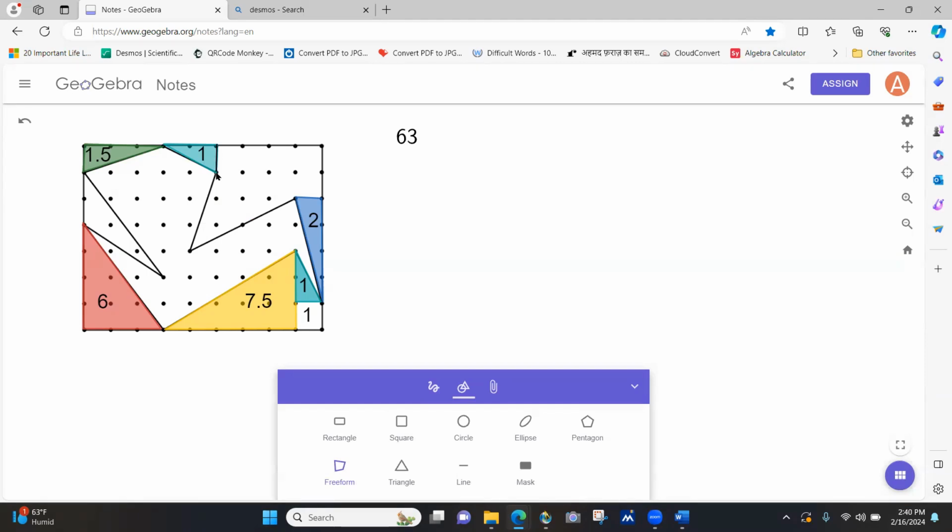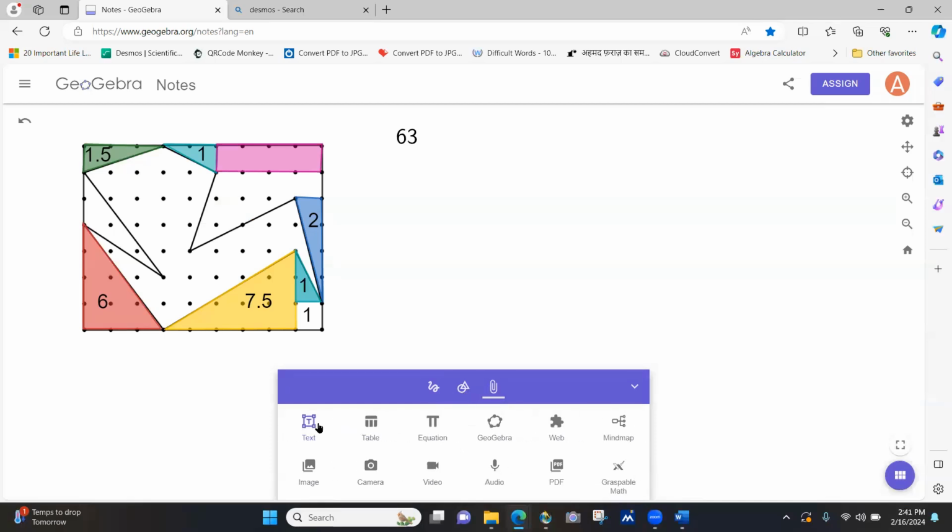This rectangle is 4 units. It's a little bit of work. This rectangle, pink rectangle, is 4 units.